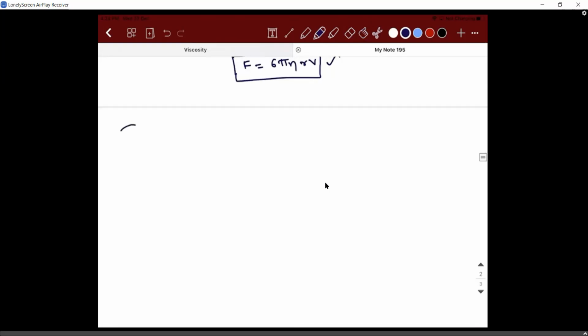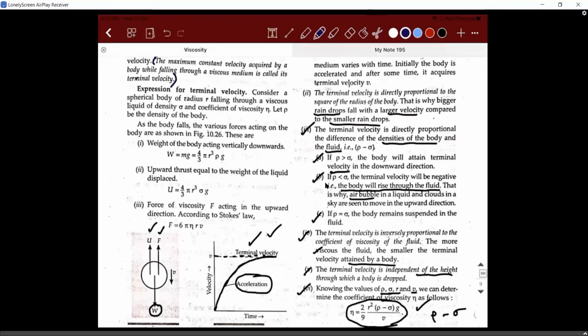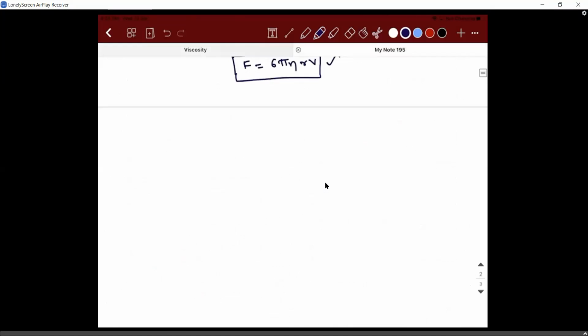So consider a spherical ball of radius r, density sigma, right? So which density have they taken as sigma? Viscous liquid density is taken as sigma. So the density of the substance, let me call it rho.